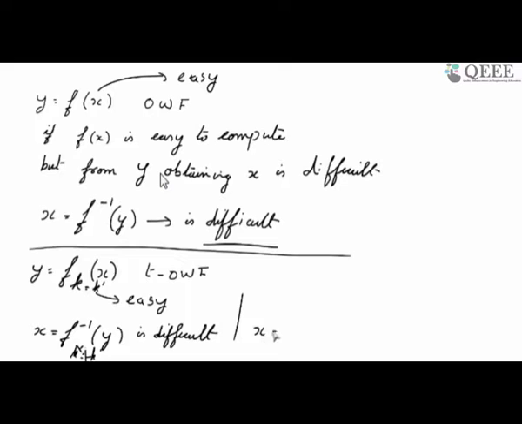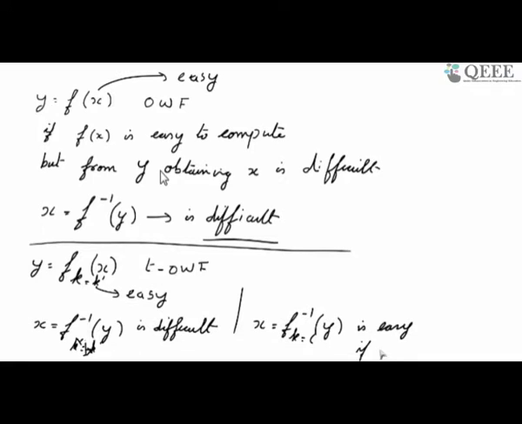Computing x as f inverse of y with the correct key k, well, this is the wrong key k, this is easy. We have the right trapdoor.